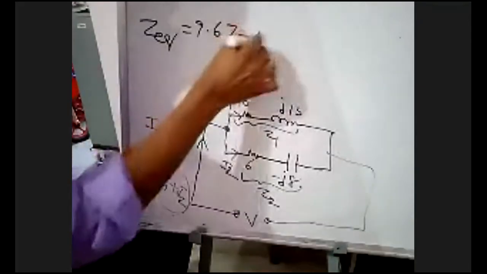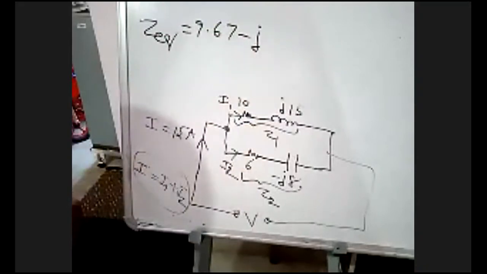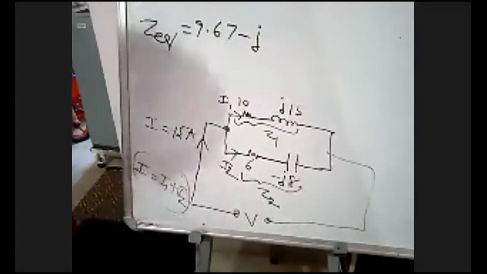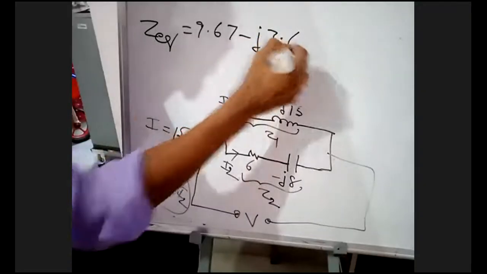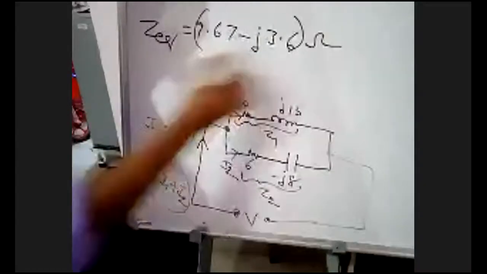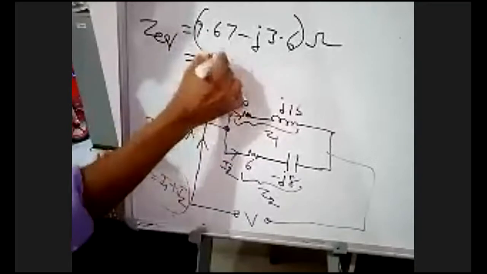Sir, 9.6 minus J3.6. In your textbook, they are giving this answer. Now convert this to polar form.